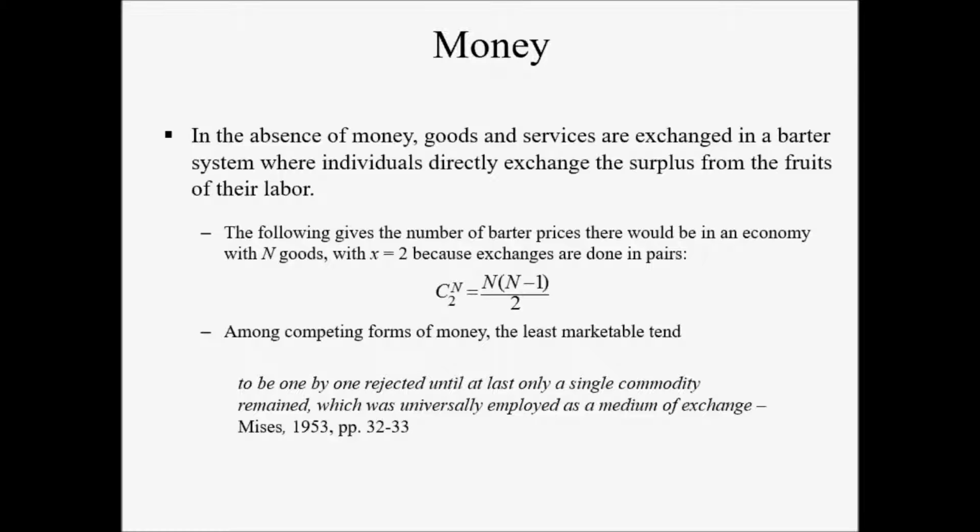Aristotle said something similar: when the inhabitants of one country become more dependent on those of another, and they import what they need and export what they have too much of, money necessarily came into use. So really, money is the product of people wanting a more efficient system.